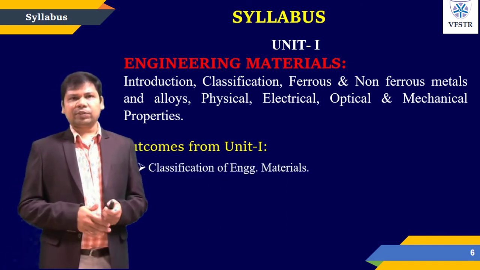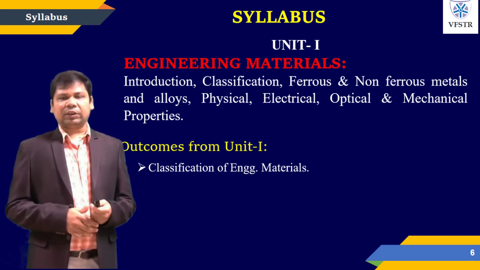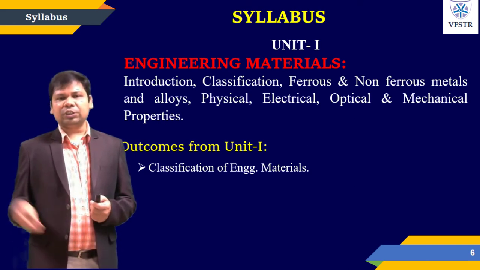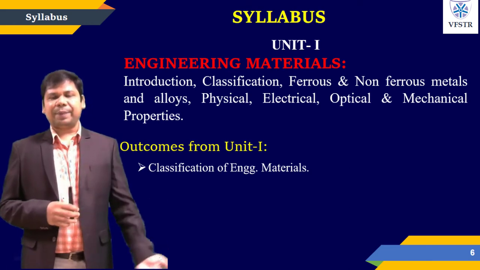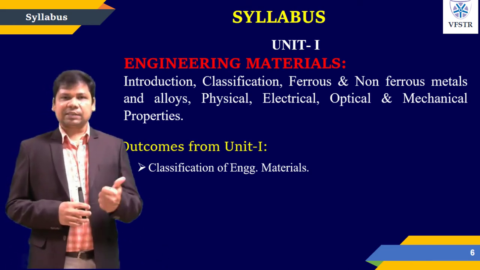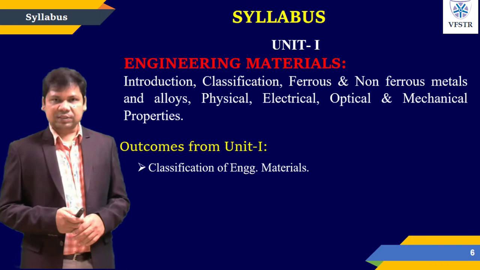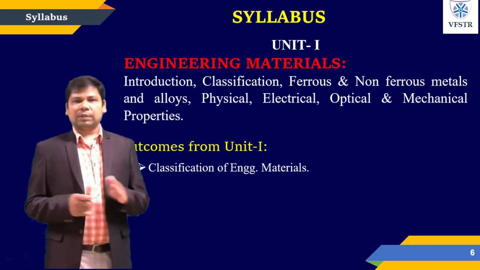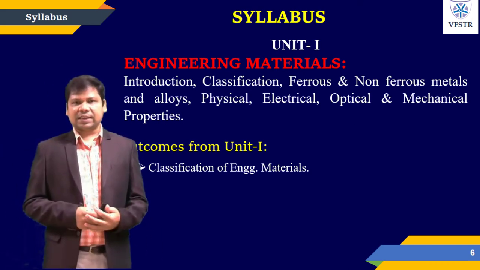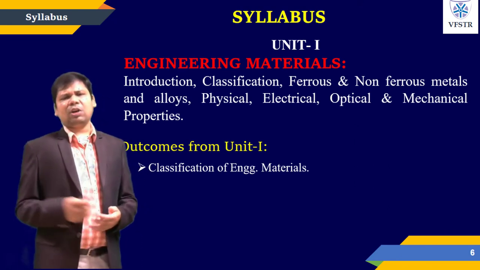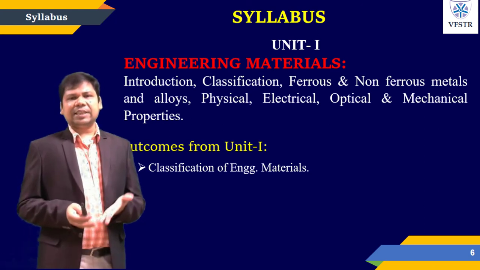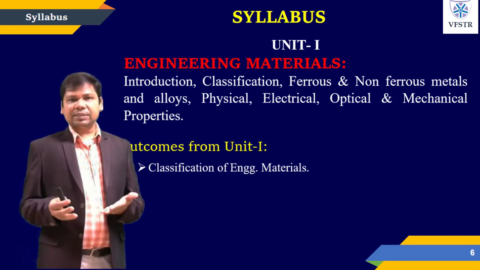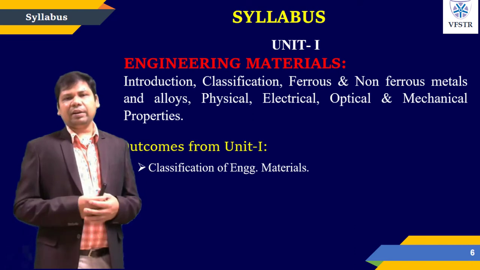Here the outcomes of the unit are as follows: the classification related to engineering materials. The materials particularly used in the engineering field are what we'll talk about, but we are highlighting two aspects. First one is ferrous and the second one is non-ferrous. Ferrous means, for example, steels and cast iron. In non-ferrous, it may be aluminum, brass, or materials where the maximum element is other than iron.